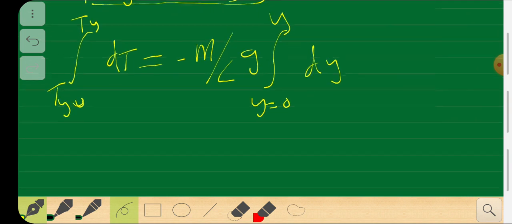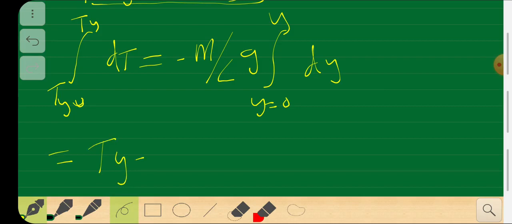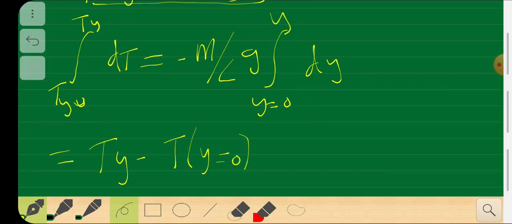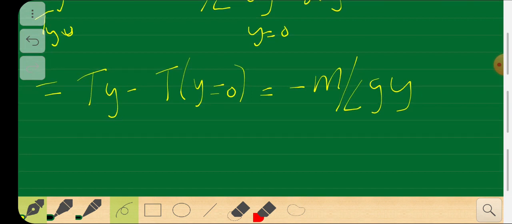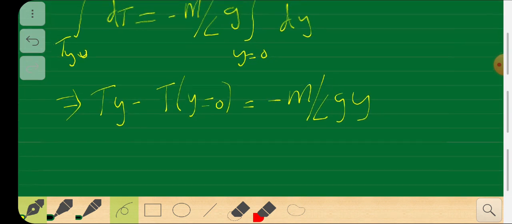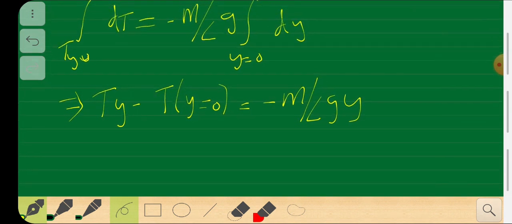So that will be equal to T of y minus T at y equal to 0 must be equal to minus m by L g y, right? So it's straightforward.